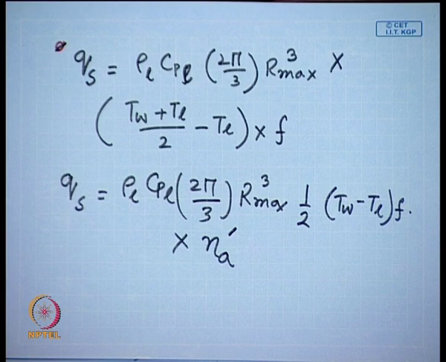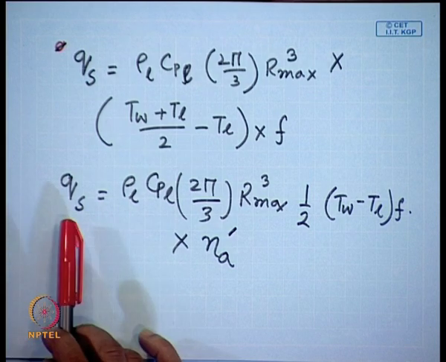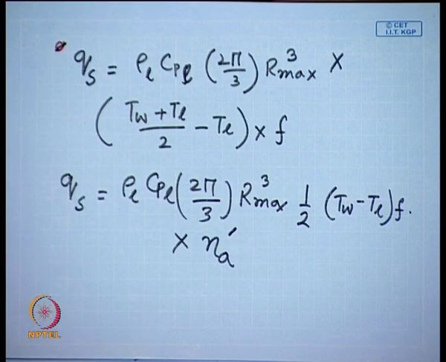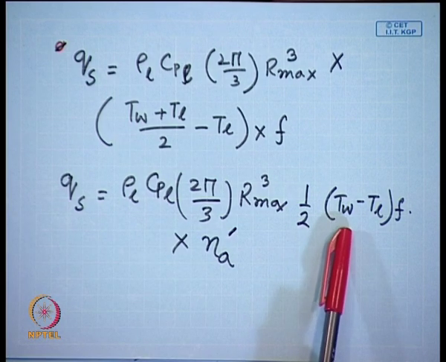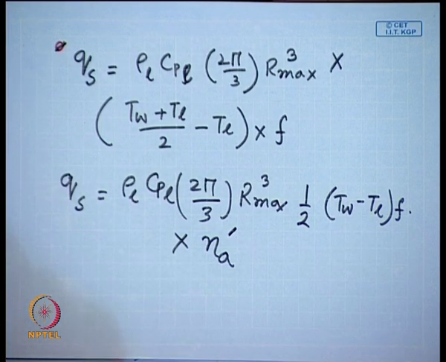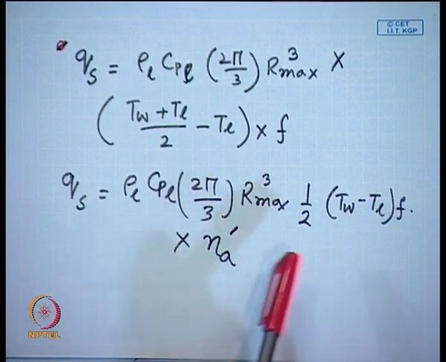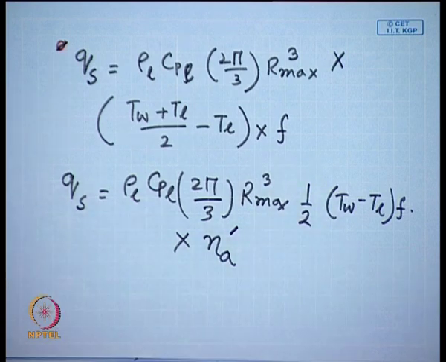But all experiments show that this relationship is not reflected by the experimental data. For example, if there is a 300% increase in T W minus T L, the heat flux increases merely by 15 to 20%. So that does not reflect the way the formula has been made, whether it is correct or not; it is not reflected by the experimental observation.